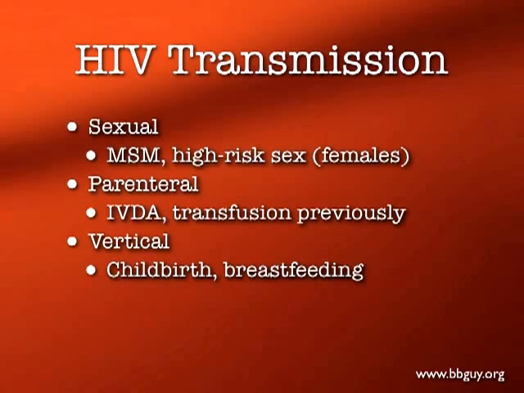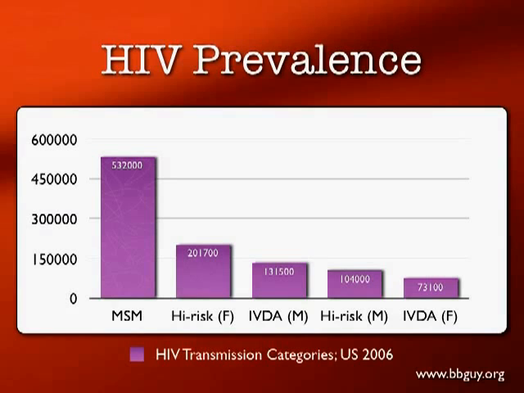It's also obviously transmitted parenterally through IV drug abuse and transfusion before we knew about it, as well as can be transmitted vertically through childbirth and breastfeeding. And here's just an image of what I mentioned before, and this is CDC data that basically shows that in 2006, yes, it's somewhat old data, but the prevalence of HIV is by far highest in the population of males who have had sex with males.